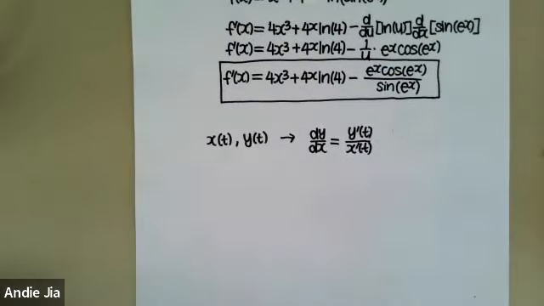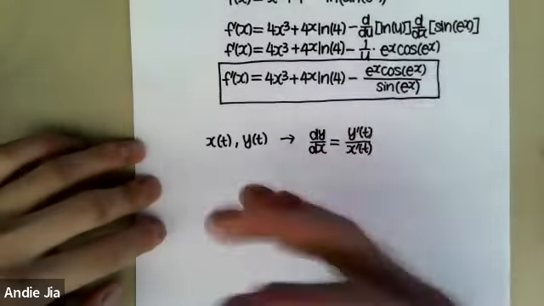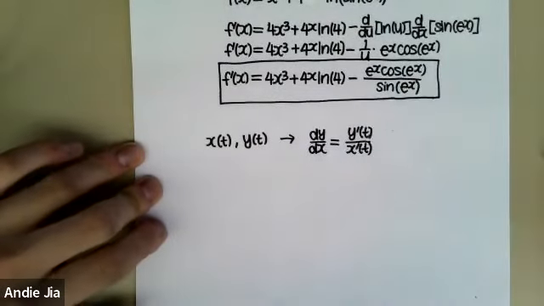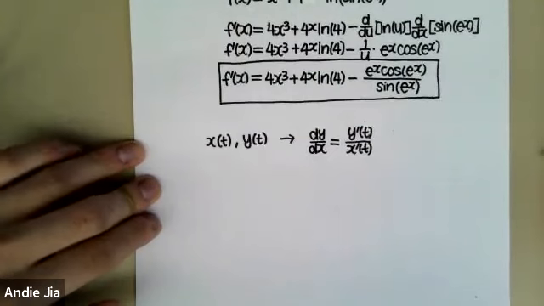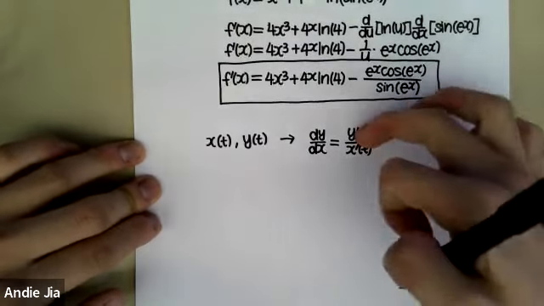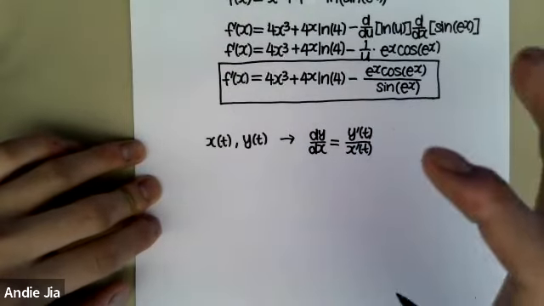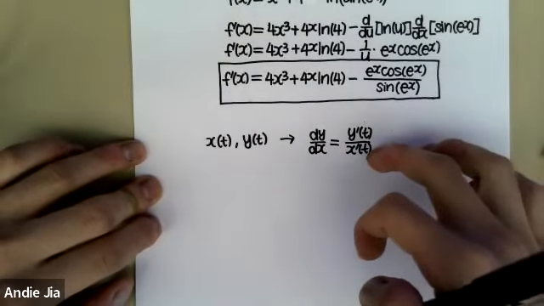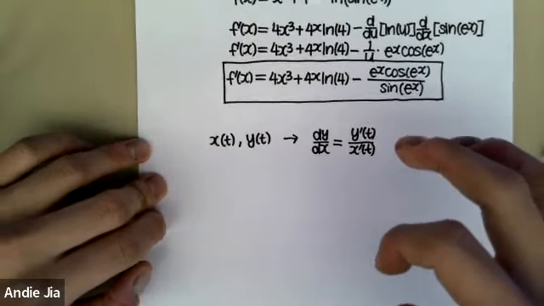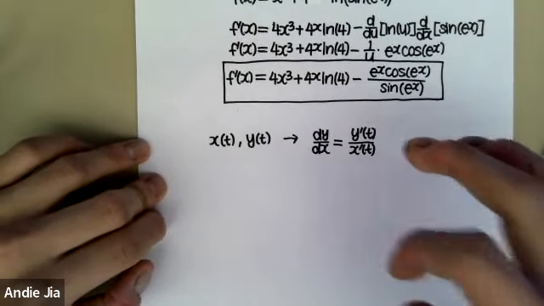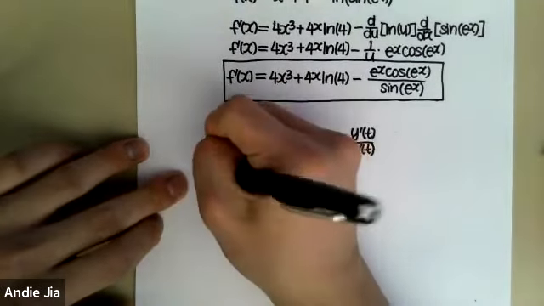And this is not what we usually expect in other derivatives. And if you ask for a horizontal velocity, this is the y prime of t, the numerator. If it's a vertical velocity, that is the denominator.